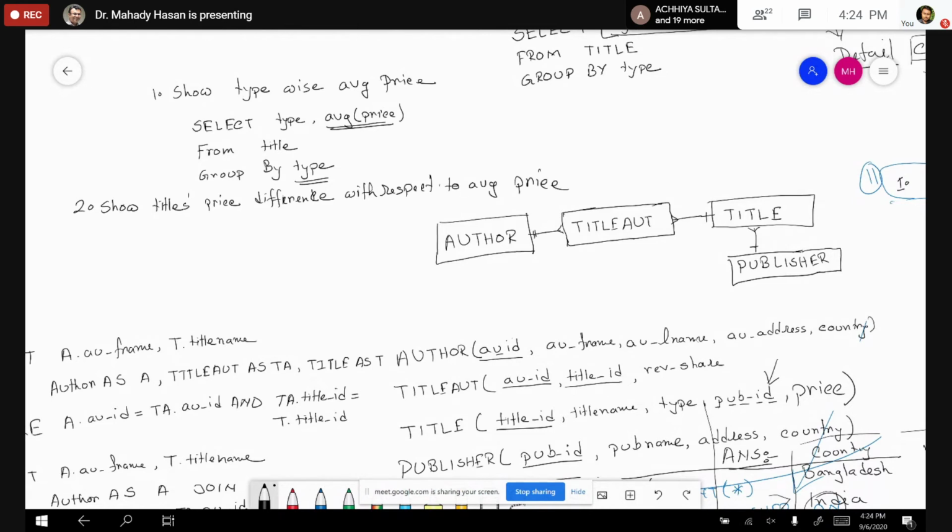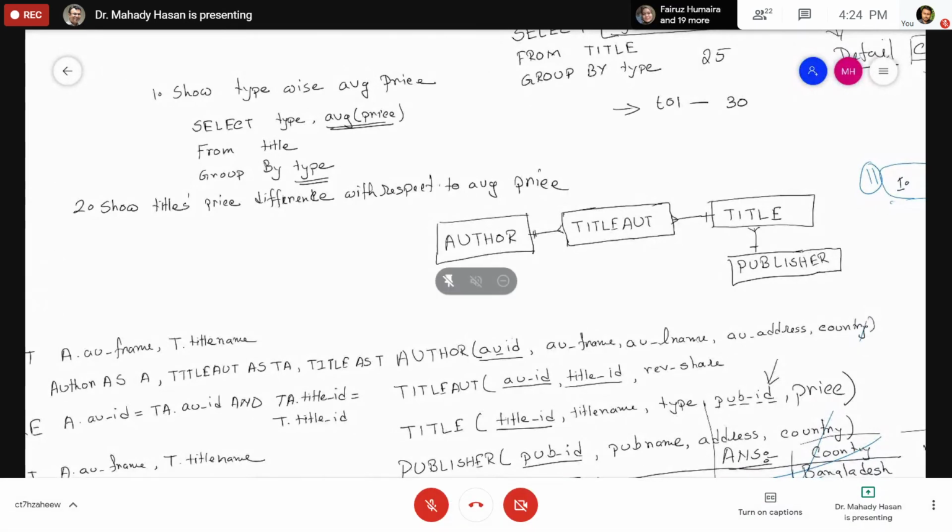Now what I mean by that, let's say title 01, the price is 30 and average price of the books is 25. Then what is the price difference of this one with the average price? 5. If price title 2 is, let's say, 23, this would be -2, right?